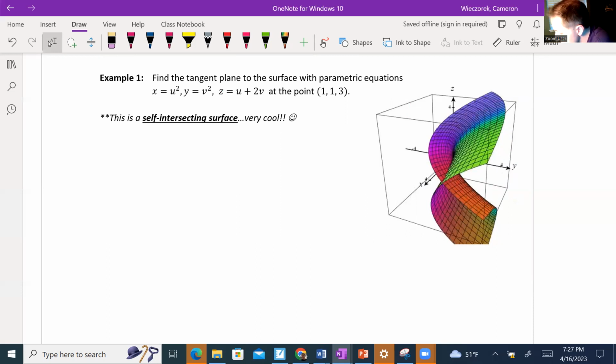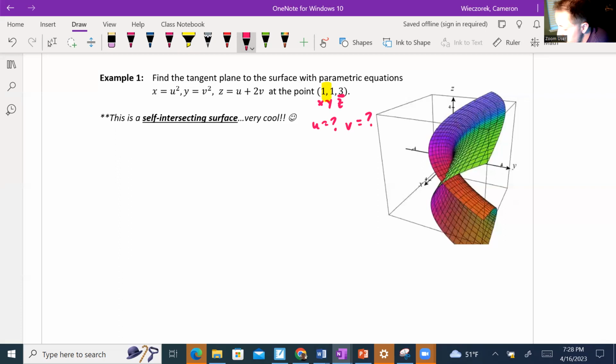And we want to find this tangent plane at the point. Now, keep in mind, this point is given in terms of x, y, and z. So we're going to have to figure out what u value and what v value we are using, and we can probably figure that out right now. u and v technically could take on values of 1 and -1 to produce the first two coordinates, so it's the z value that's going to help you narrow it down.